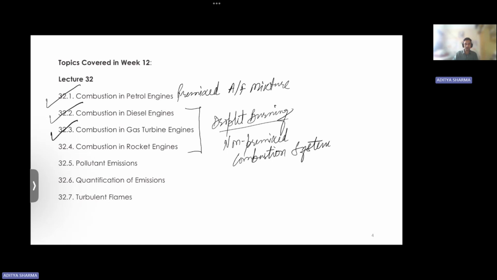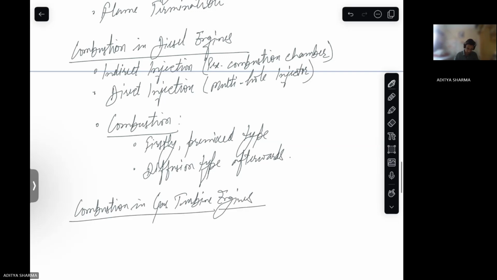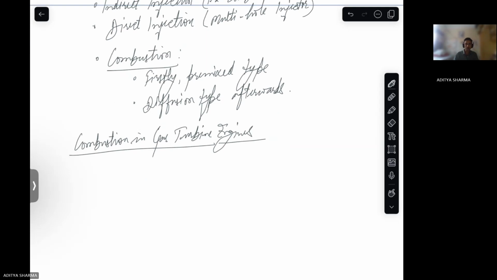So what happens in gas turbine engines? The first point is that there are three zones that have been divided in a gas turbine where the combustion takes place.